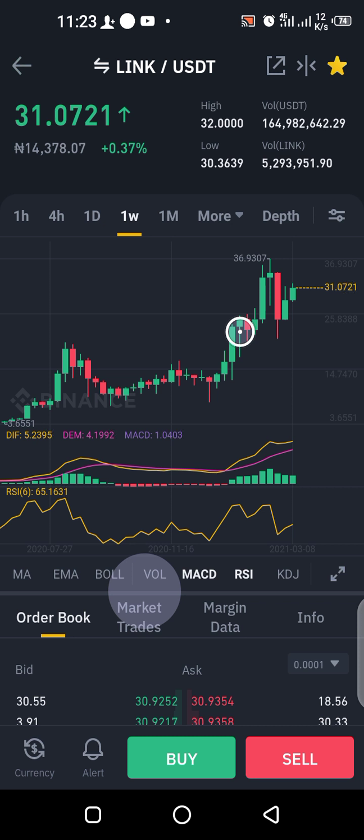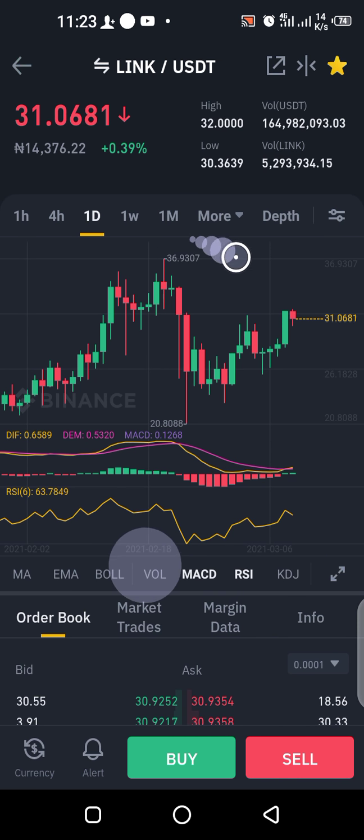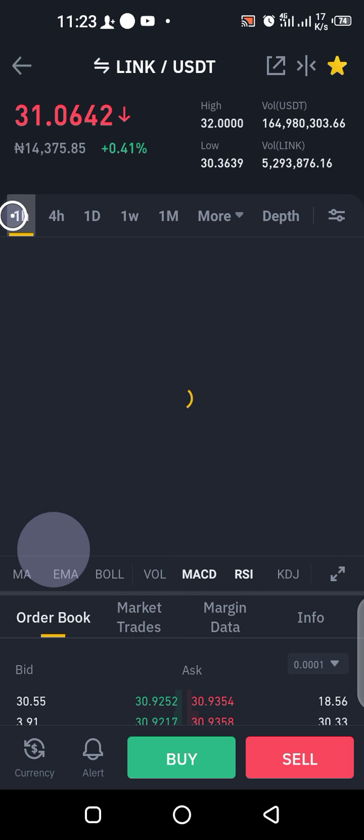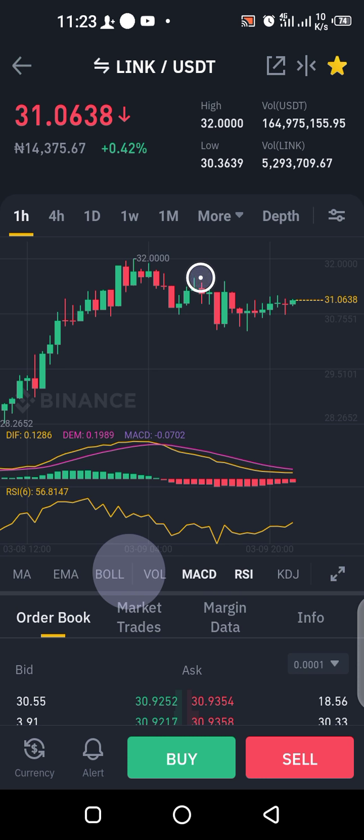You go to the daily charts, you also look at the resistance and support level. You know where they are. Go to the hourly charts. You are probably going to enter the market with a 1 hour or 30-minute chart. You look at the resistance and support level.